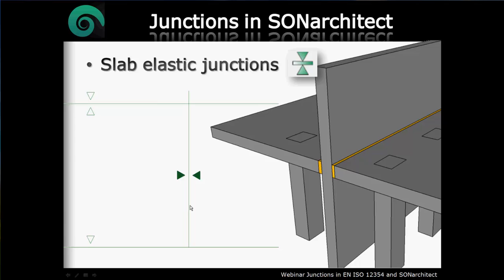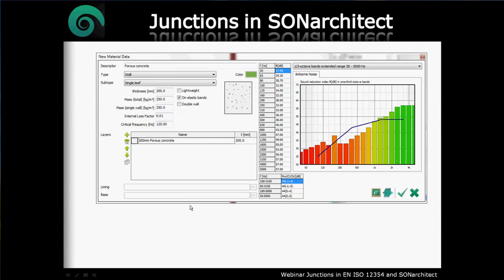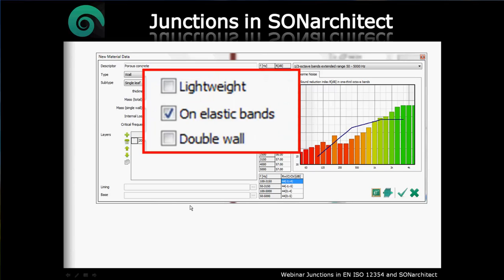There is still something that can be simplified just by the definition. One of the options that we made available for our clients is to define a wall whose data has been measured on elastic bands, which is often used in some countries.